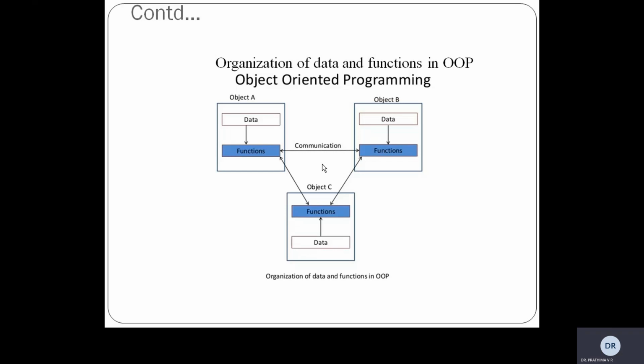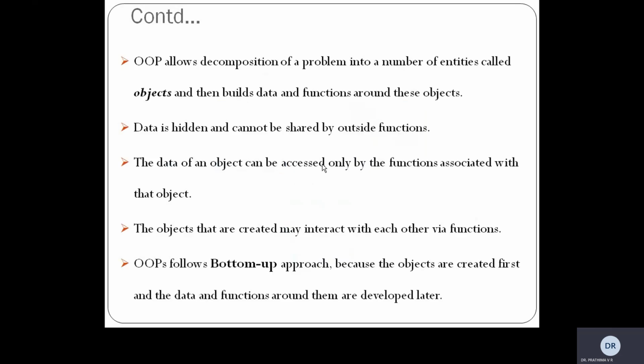Now, the way in which object A, object B, and object C get connected is with the help of a communication established via the message passing mechanism. And here, the organization of data and functions in object-oriented programming purely depends on the message passing techniques adopted by the programming system.